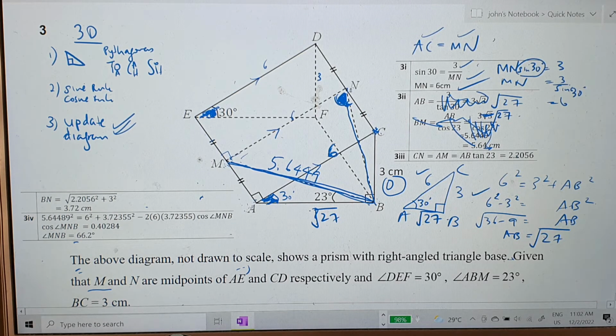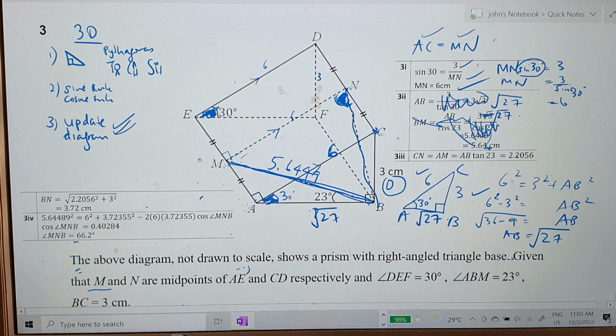My BN is this one, right? I know it's very hard to see. I'm having problem with my pen. This line here, right? Can you see where you should actually put it, such that it can help you to find the answer?